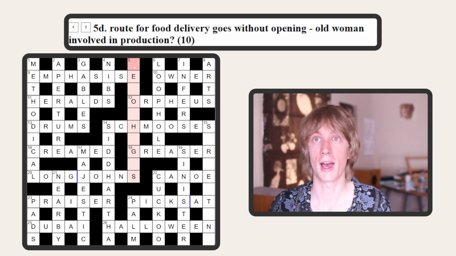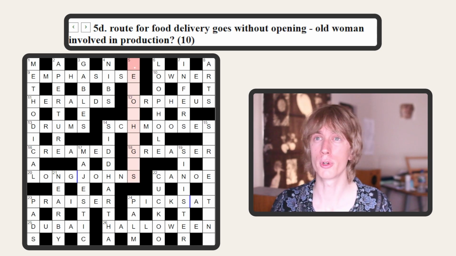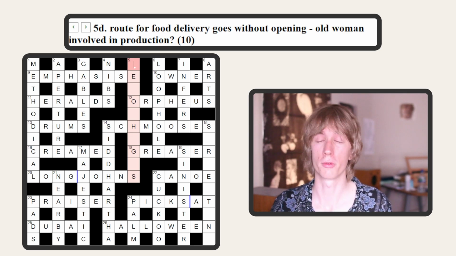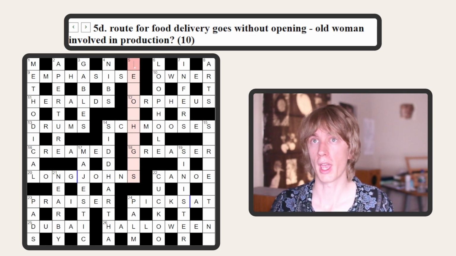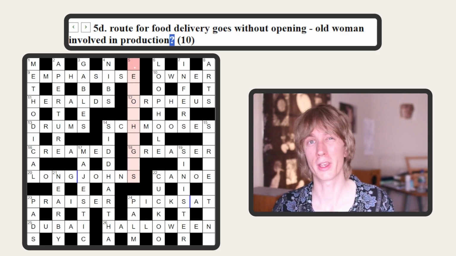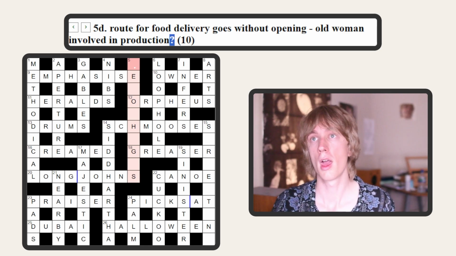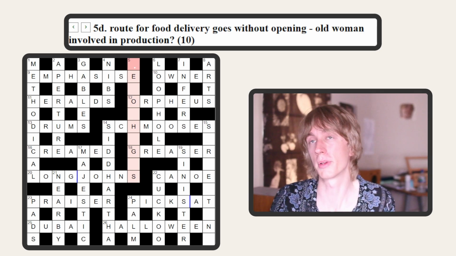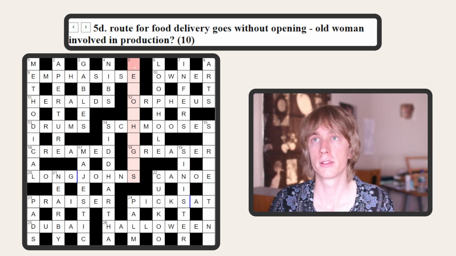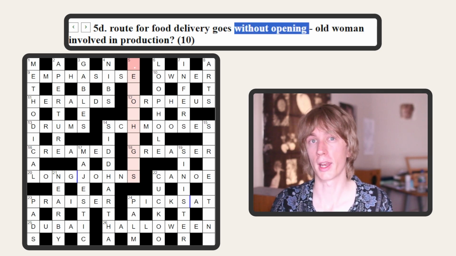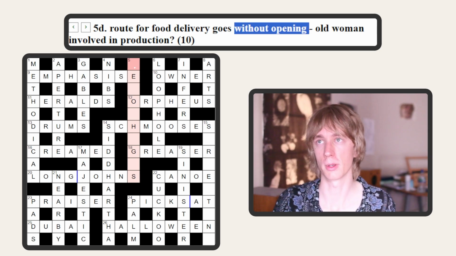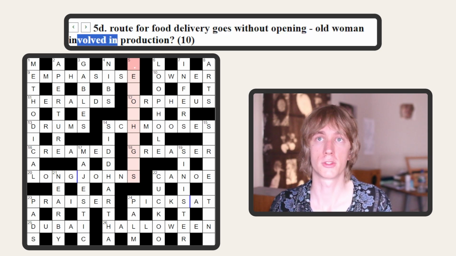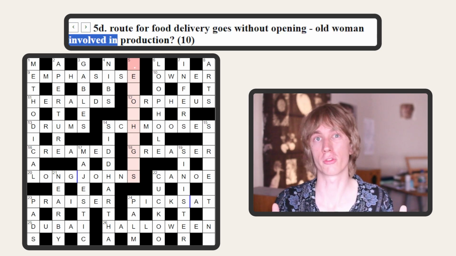Okay, so 2 clues left. First, we have route for food delivery goes without opening. Old woman involved in production. Okay, again, a question mark, so we're looking for a bit of a strange definition, and we can see a couple of perhaps potential indicators here. So without opening could be telling us to remove the opening letter of something, and involved in could be telling us to absorb one string into another, right?